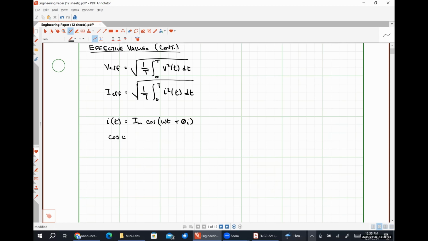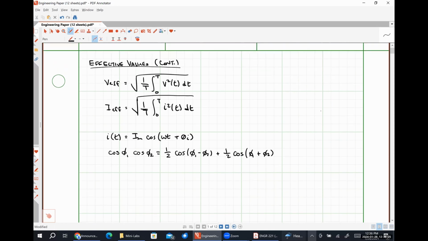The cosine of some angle 1 times the cosine of some angle 2 is equal to 1/2 cosine of angle 1 minus angle 2 plus 1/2 cosine of angle 1 plus angle 2. Since we're squaring this current waveform, angle 1 and angle 2 are literally the same thing.